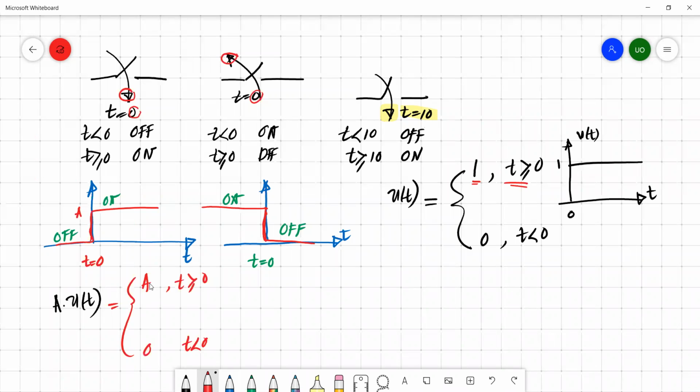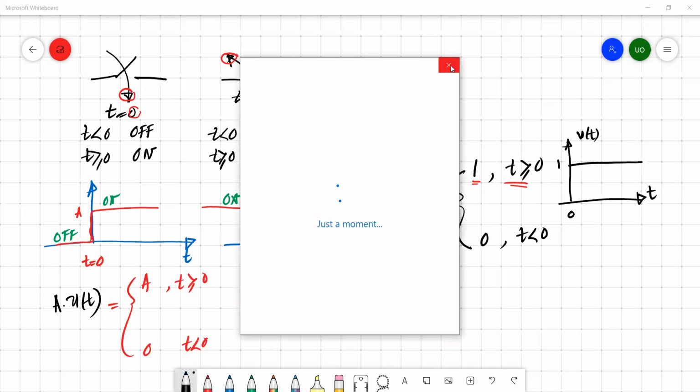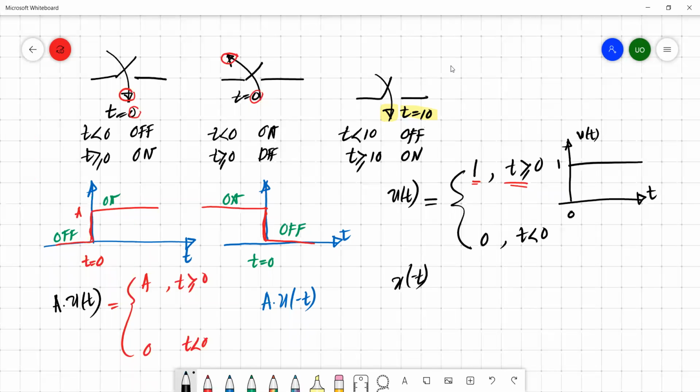Likewise, you can replace the second operation using A times u(minus t). The definition of u(minus t) is 1 for t less than or equal to 0 and 0 for t greater than 0. If you draw it, it looks like this.